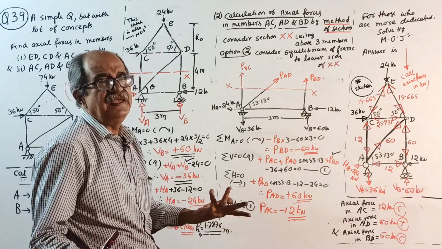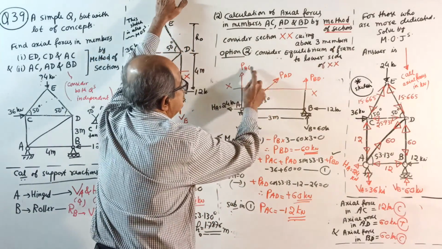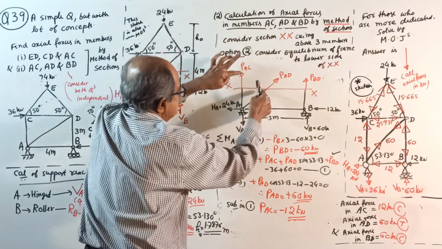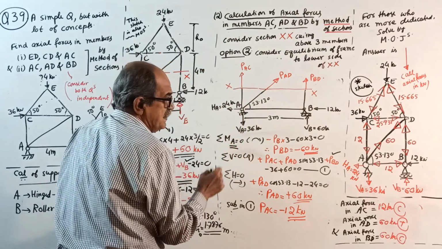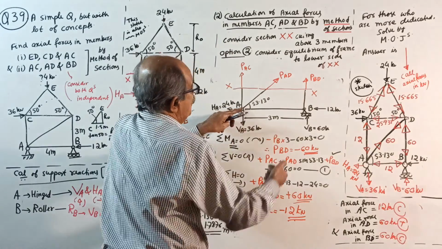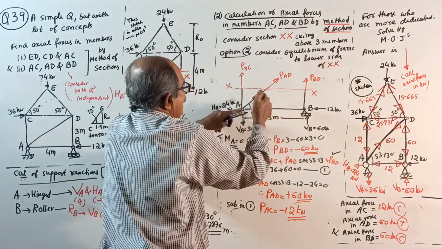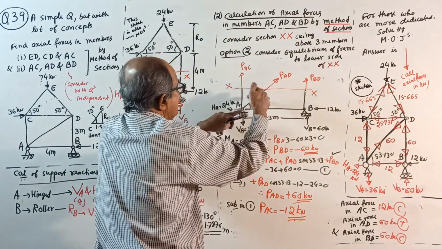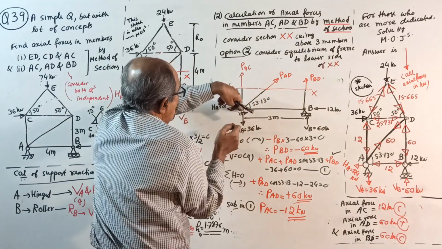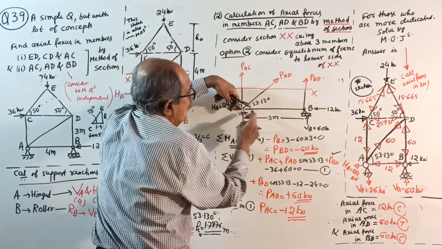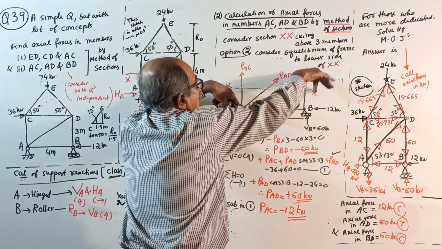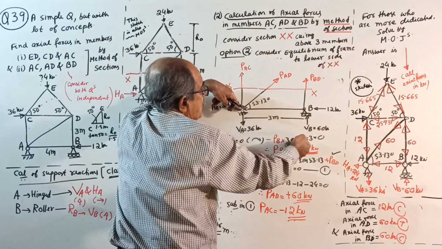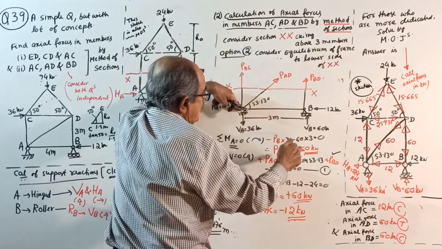Among the 3 unknowns, 2 unknowns are meeting at A. So take moment about A. Why A? I explained so many times. Minus PBD, when you take moment about A, PAD into 0, PAC 0, 24 0, 36 0, even that 12 also into 0. So minus PBD into 3 minus 60 into 3 equal to 0.